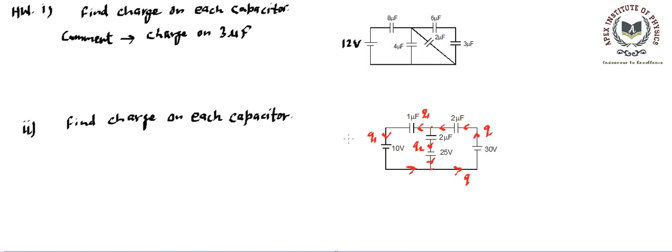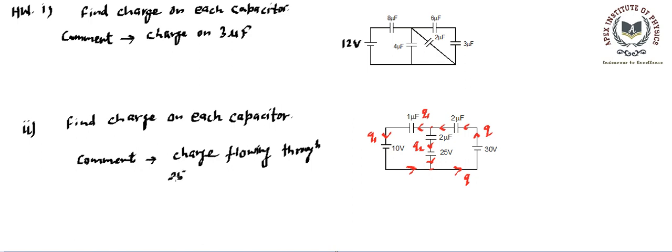So that's going to be a hint for solving this question, and I hope you can try. You can write the equations, and again in the comment box below you need to give a specific answer: the charge flowing through the 25 volt battery.